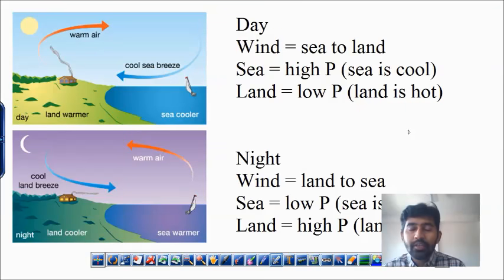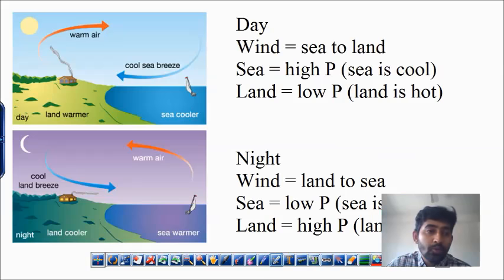So listen carefully. First look at the top photo, which is what happens during day. The day started at 9 in the morning. There's lockdown these days, we wake up at 9. Anyways, jokes apart, at 9 o'clock the sun is shining and the land is absorbing the heat of the sun.